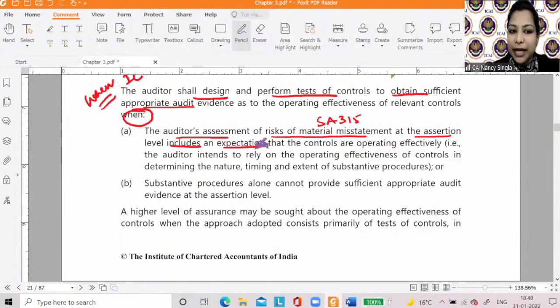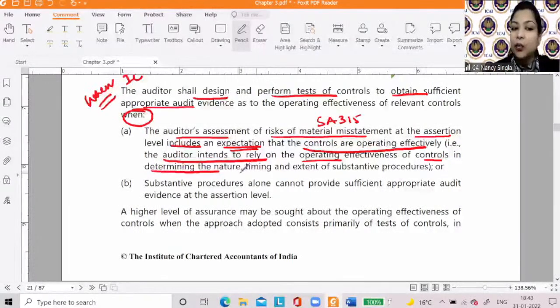includes an expectation. Why? Because there a general understanding of internal control was taken, that controls are operating effectively. That is, the auditor intends to rely on the operating effectiveness of controls in determining the NTE of substantive procedures. Because if you remember, I told you why the auditor will check.